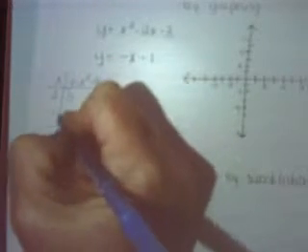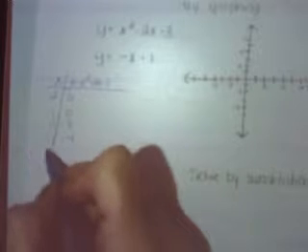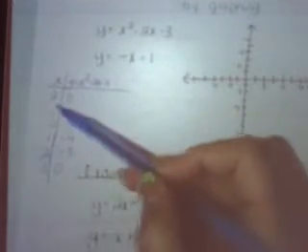When x is negative 2, y is 5. When x is negative 1, y is 0. When x is 0, y is negative 3. When x is 1, y is negative 4. When x is 2, y is negative 3. And when x is 3, y is 0. I think those are plenty of points.